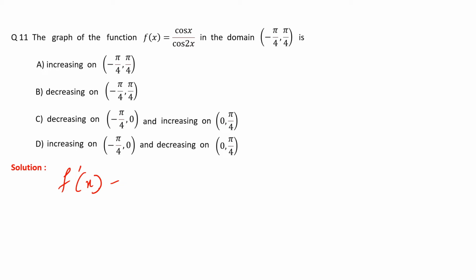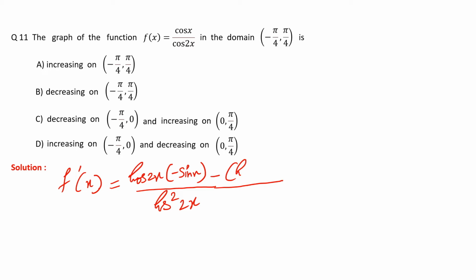Now we differentiate f x with respect to x, so we'll have to apply quotient rule. In the denominator we'll be getting cos square 2x. In the numerator it is going to be cos 2x into minus sin x minus cos x into minus 2 sin 2x, right? So f dash x becomes how much?